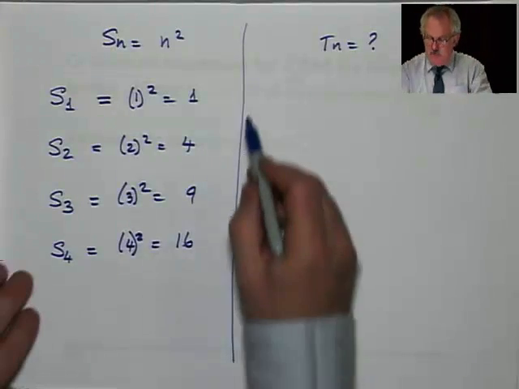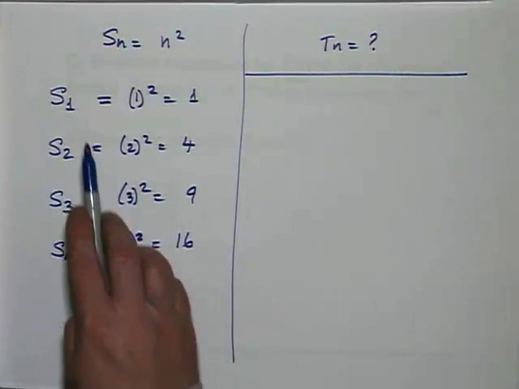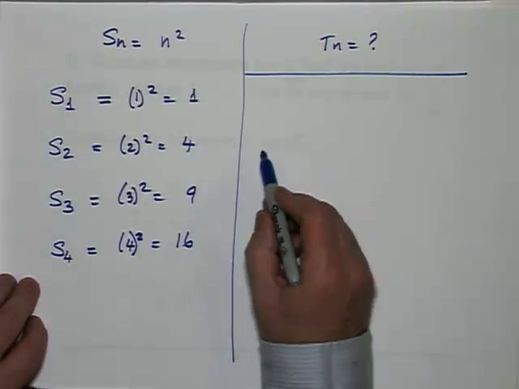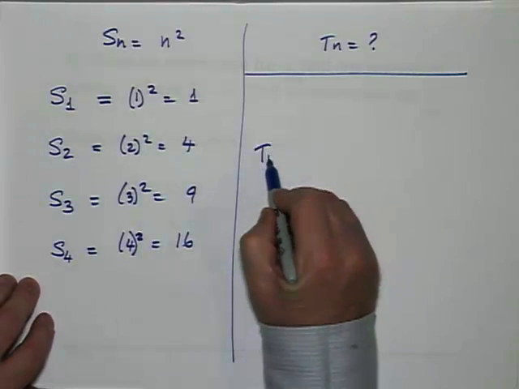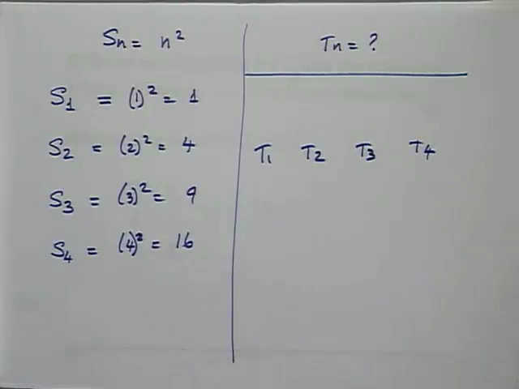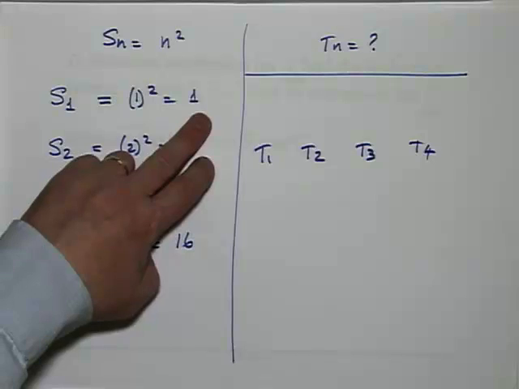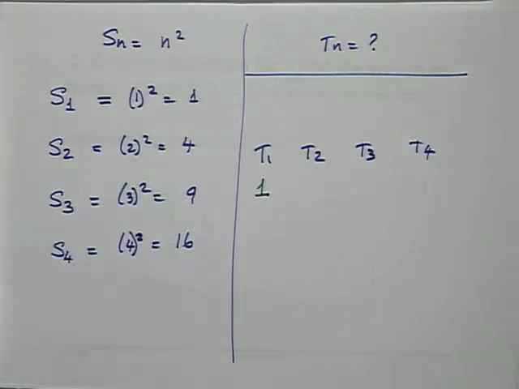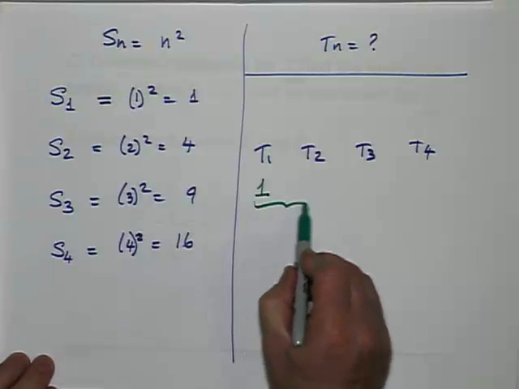But remember, S1 is the sum up to the first term. So if we were to write these terms out, T1, T2, T3, T4, S1 is the first term, so that's a 1. S2 is the sum of the first two terms.